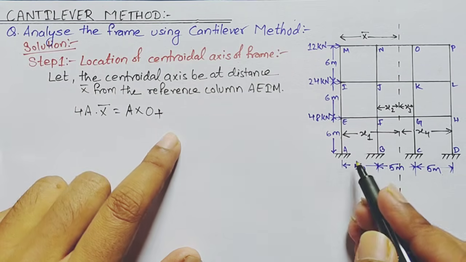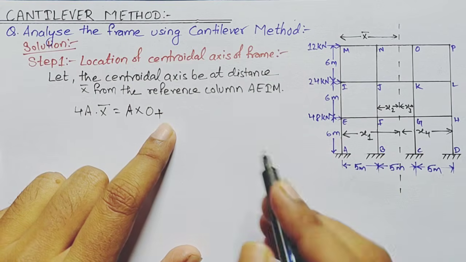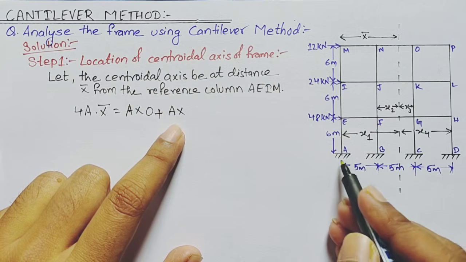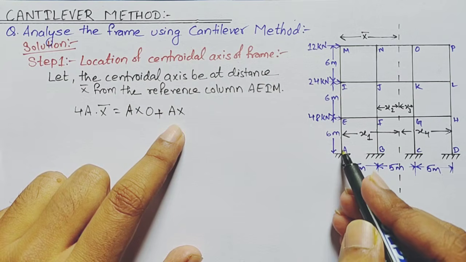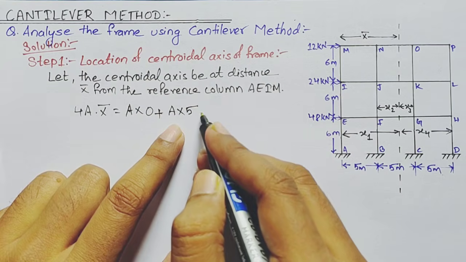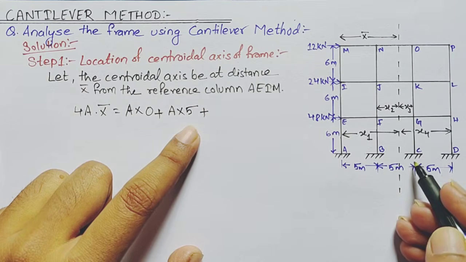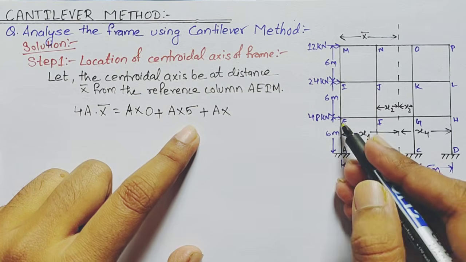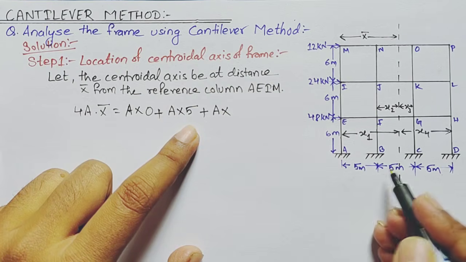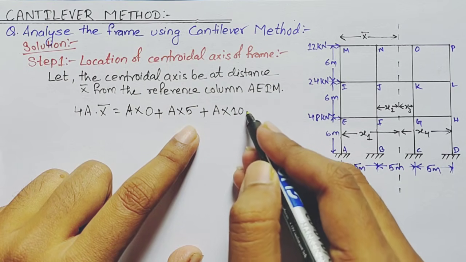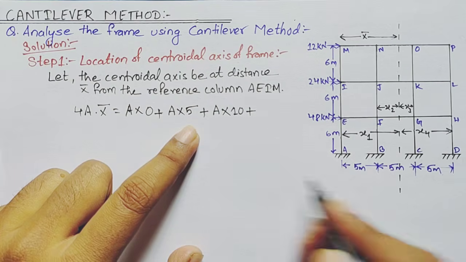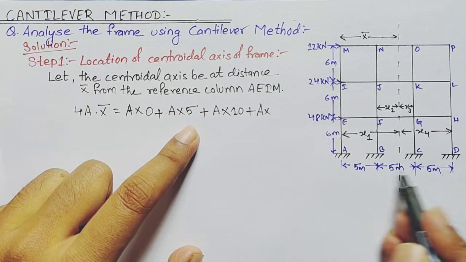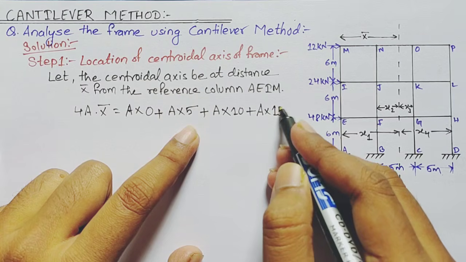the second column, again area is A, multiplied by the distance of the second column, which is 5 meters from this reference column, so it is multiplied by 5, plus this is our third column. The third column again has area A, and the distance from this reference column is 5 plus 5, so 10, plus the fourth column, again area A, and the distance of this column from the reference column is 15 meters.